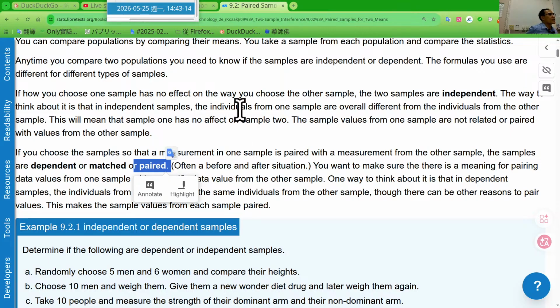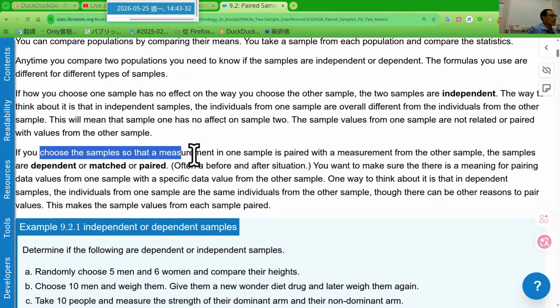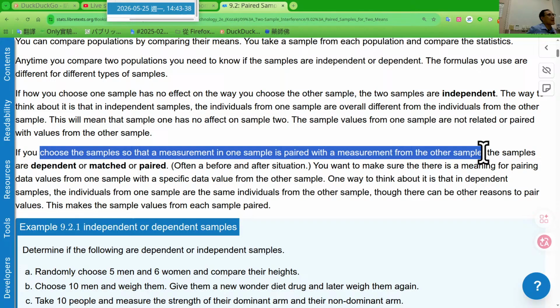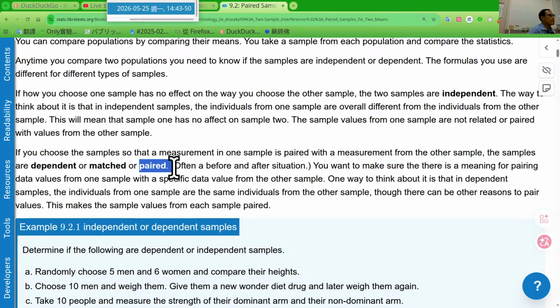Again, previously, if I have 6 apples in my bag and I choose one, then choose the other one, they will not affect the second choice. They're called independent. But under some situations, if you choose one sample so that the measurement on one sample is paired with the other, as I mentioned, if 100 people drink black tea and we measure their blood pressure before and after, this kind of sample we call paired.